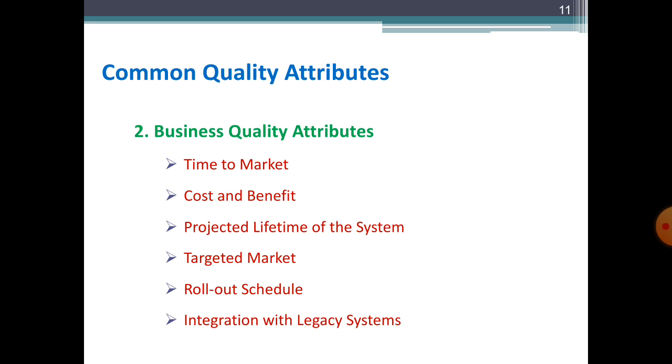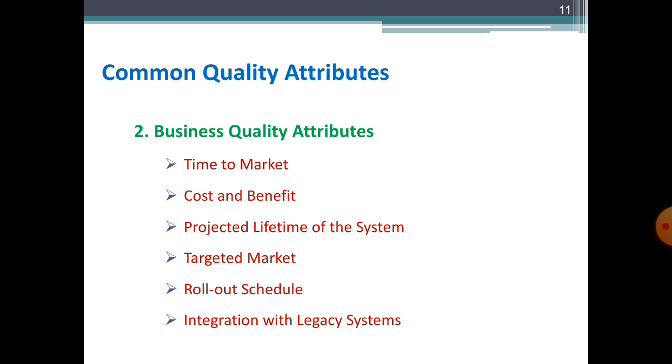The next is the projected lifetime of the system: a long-life system requires architecture that is modifiable and scalable. The next is targeted market, in which architecture affects which platforms will be compatible or incompatible with the system.